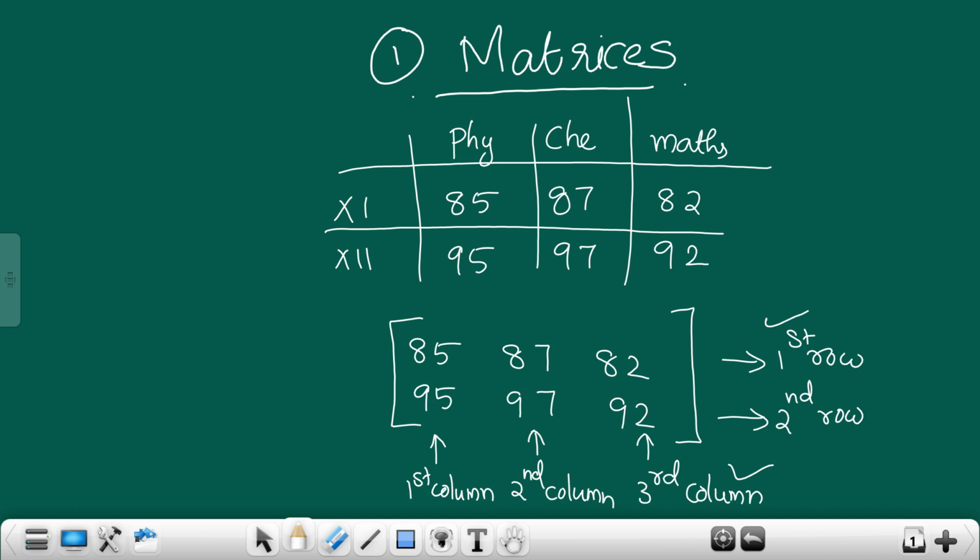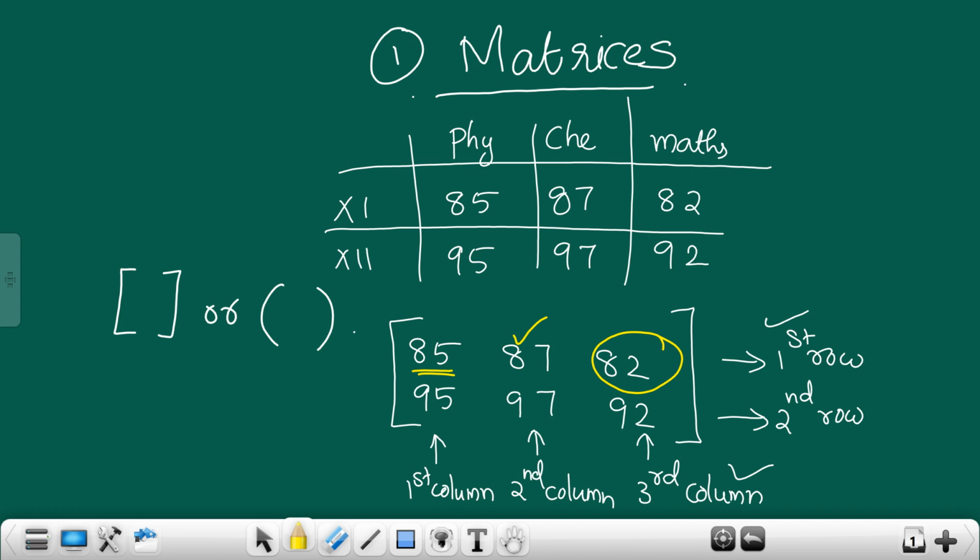A matrix is a rectangular array of numbers or functions arranged into rows and columns enclosed by the symbol closed bracket or open bracket. This is the definition of a matrix. The numbers here, 85 is a number in this matrix, 87 again a number in this matrix, 82 is again a number in this matrix.